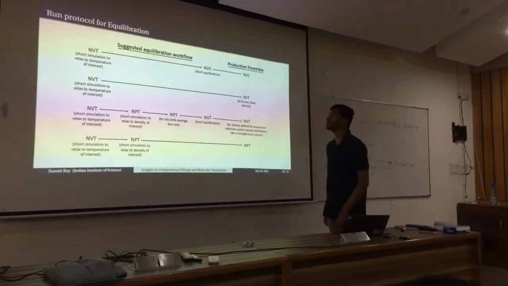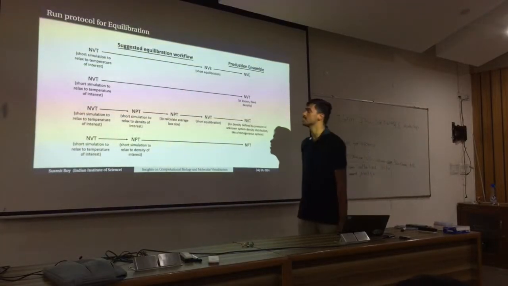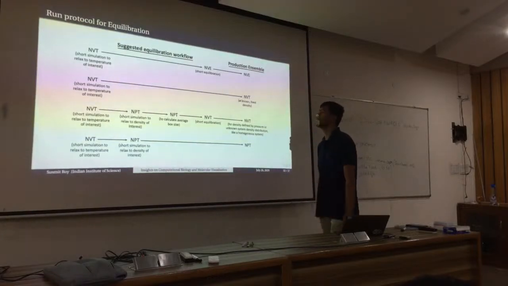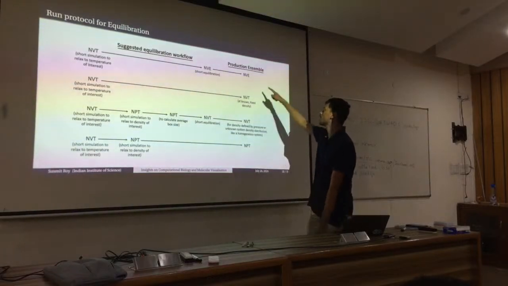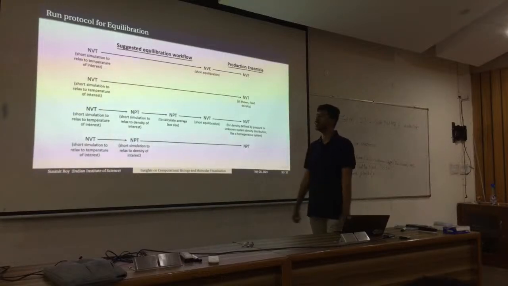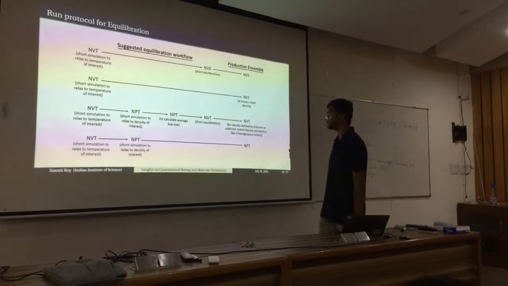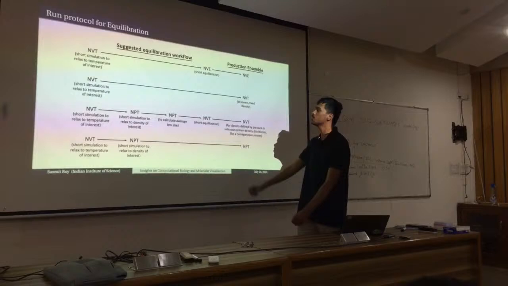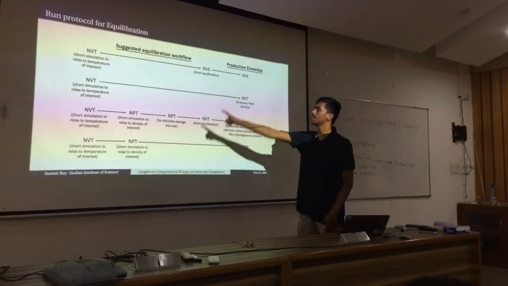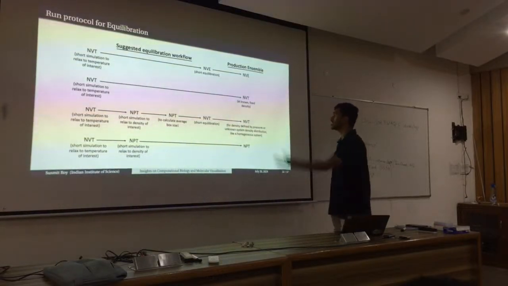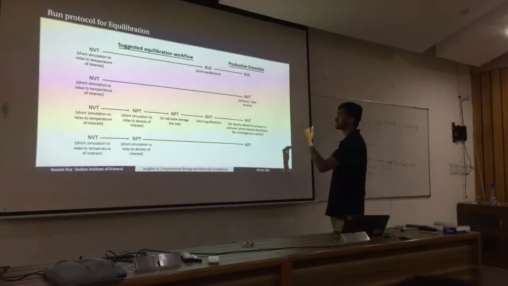Now I would like to comment on equilibration workflows. If you want your production ensemble to be a microcanonical ensemble, it is suggested to first do an NVT ensemble simulation so that it reaches equilibrium.